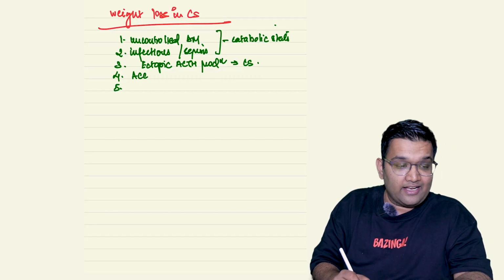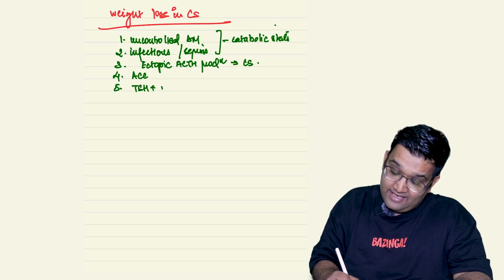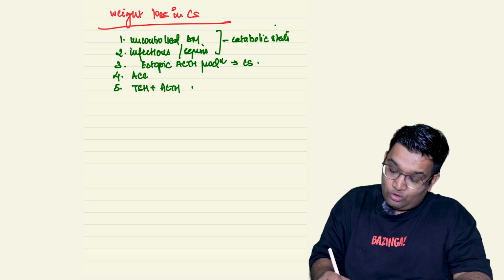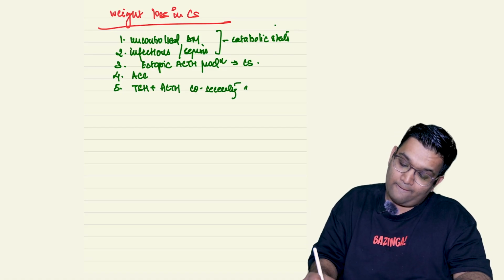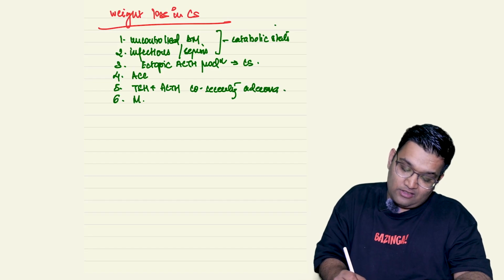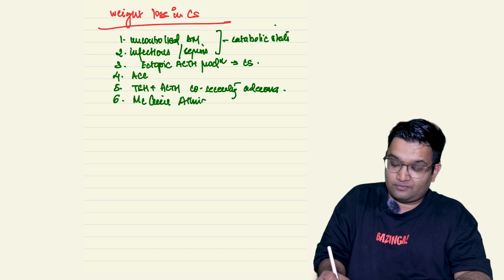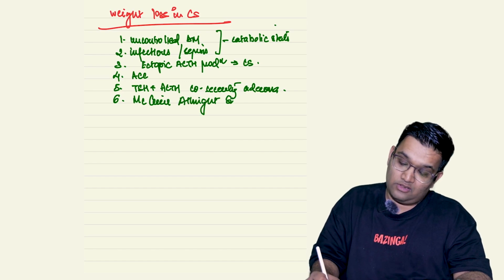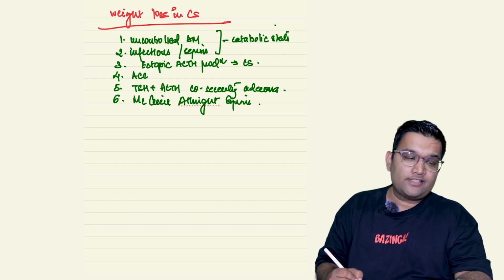If there is a very rare scenario where there is a TSH plus ACTH co-secreting adenoma, or in cases of McCune-Albright, the most common cause of Cushing syndrome in the infancy period.